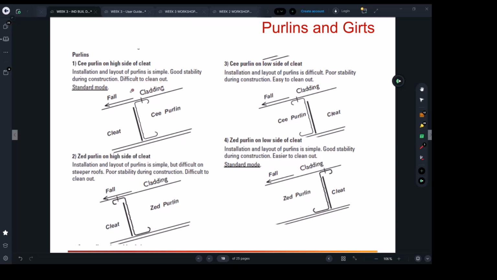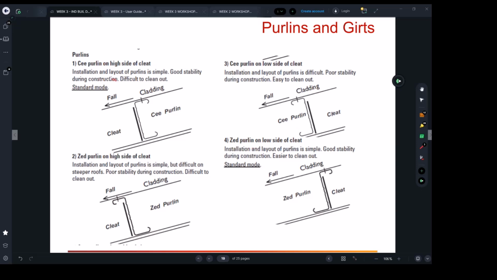That's the standard mode. There are other modes where you can put it at the low side, which is easy to clean out, in case this structure is a theater or something that needs to stay clean, a more habitable environment. Then that's where the right decision can be made.